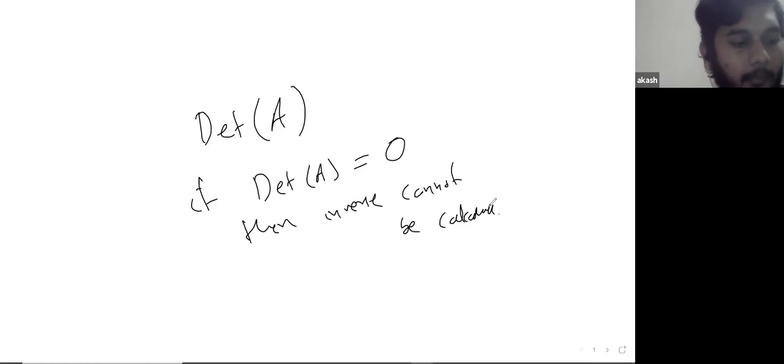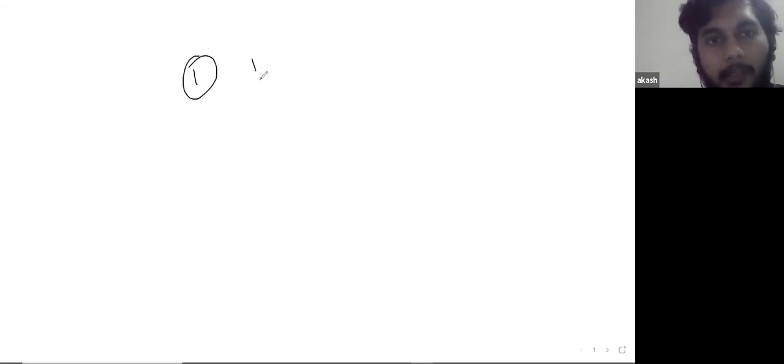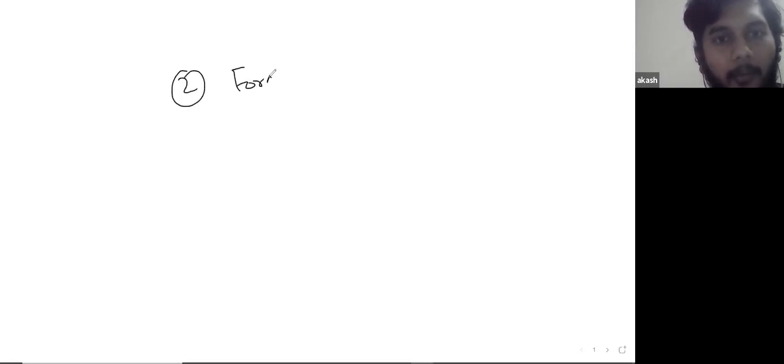Okay, if the determinant is 0, then the inverse cannot be calculated. The second step, you can always write down: the first step is determinant A, the second step is to form the minor matrix. We'll represent this as M.